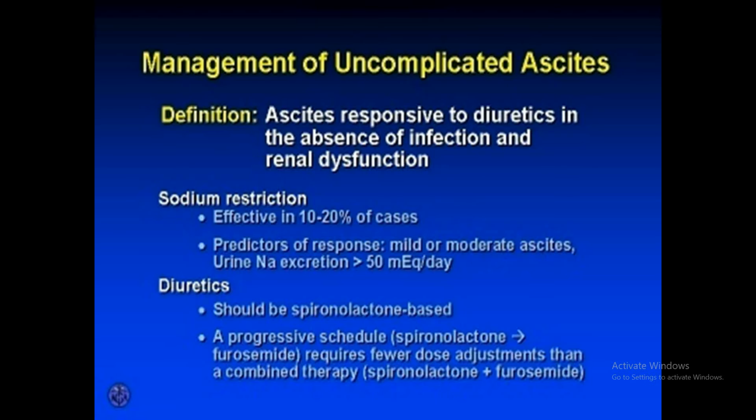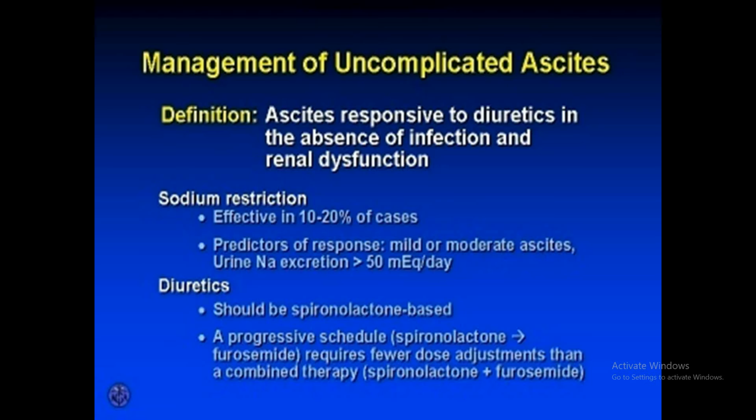If there are 3 or 4 sessions and you failed, then the only thing you can do is hepatic transplantation. But because hepatic transplantation is not very common in this country, a bridge surgery can be done.